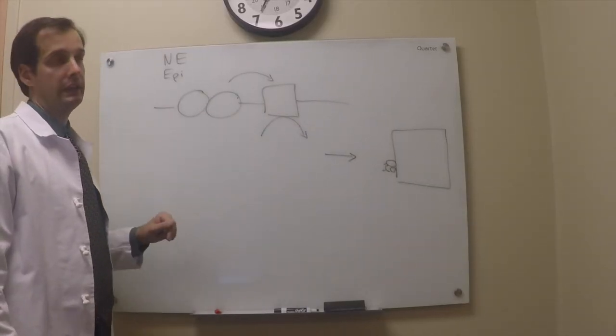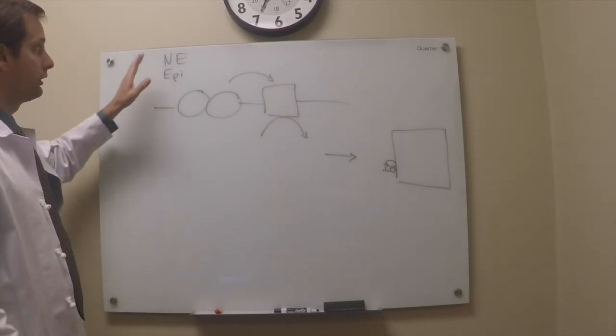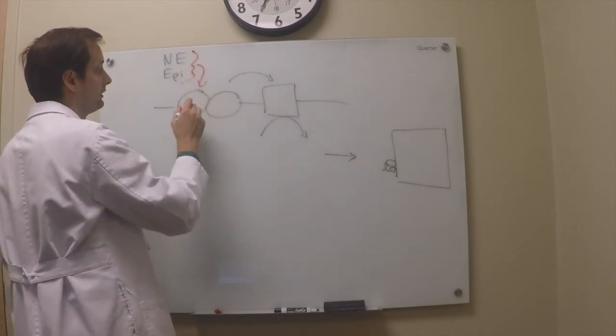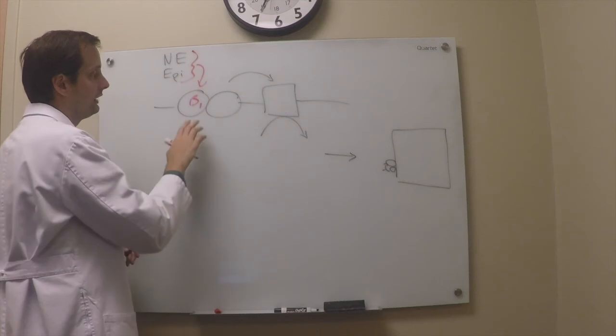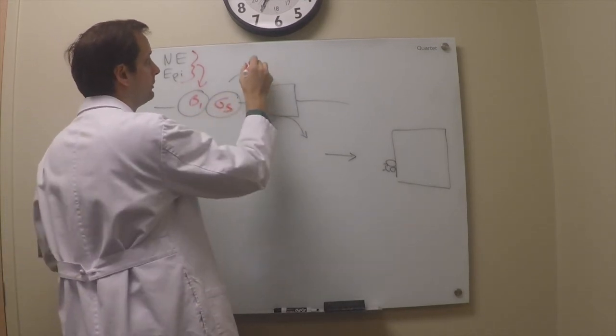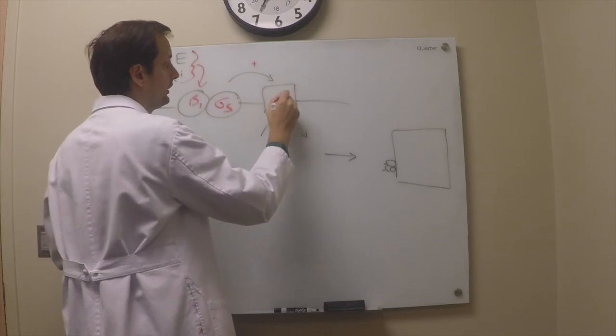Summarizing our SERCA activity, we have norepinephrine and epinephrine, again binding to their respective receptors, and the receptor will be coupled to, again, a G stimulatory protein, which will activate our adenyl cyclase.